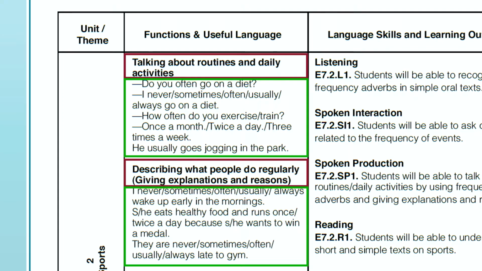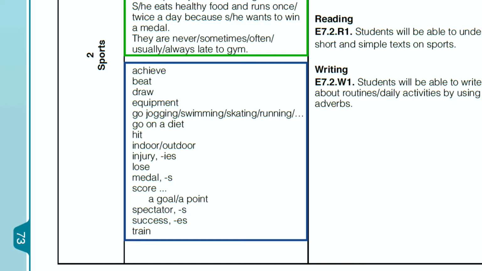The sentences, clauses, and phrases are given as an example of expected structures to be used, and they are shown in green boxes in the figure. And then you can see the vocabulary list, which displays what students need to learn or revise in this lesson. And these are shown in the blue box.